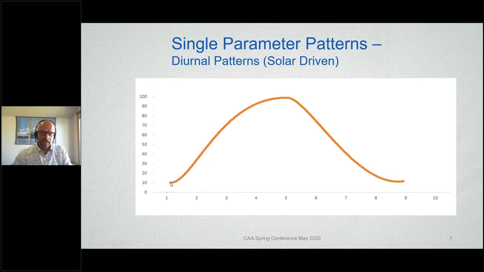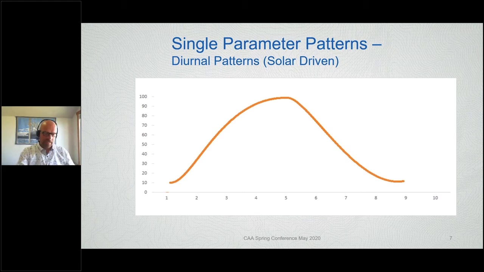A perfect diurnal variation in temperature shows a fairly steep increase in the morning. Let's say it's a cloudless day. Temperature comes up really nice and steep and then flat lines more and more towards the actual peak. Once the solar radiation starts going down, or a little bit after that, the temperature also starts coming down relatively steep again and then flat lines towards the actual overnight low. So it almost looks a little bit like a wave.